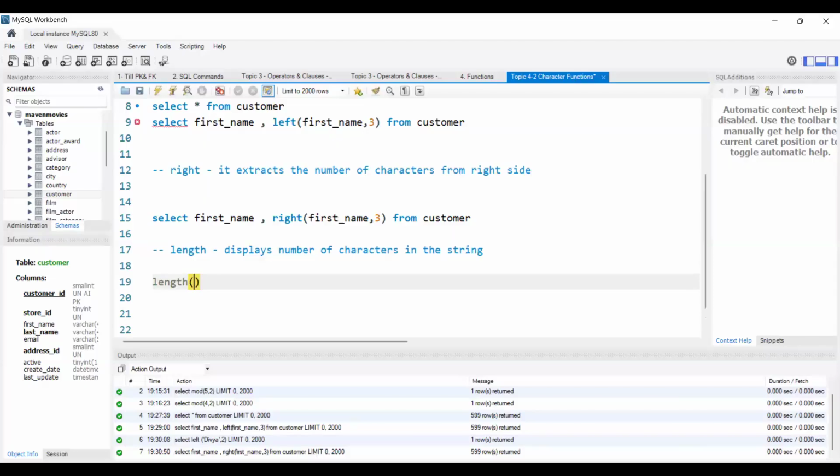So length of, I can say, first name. Select star comma length of first name from customer table.